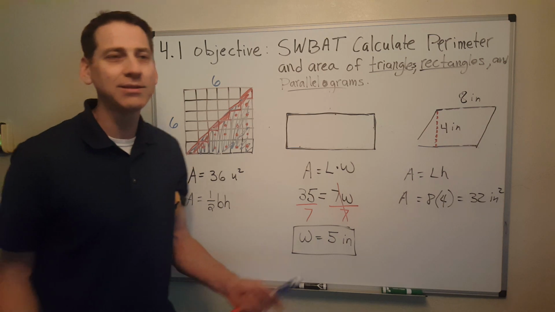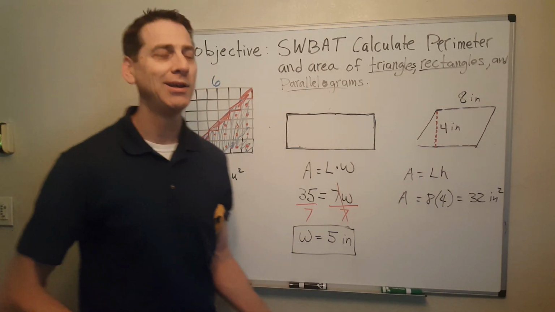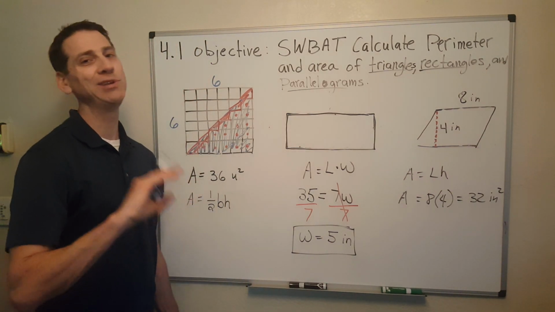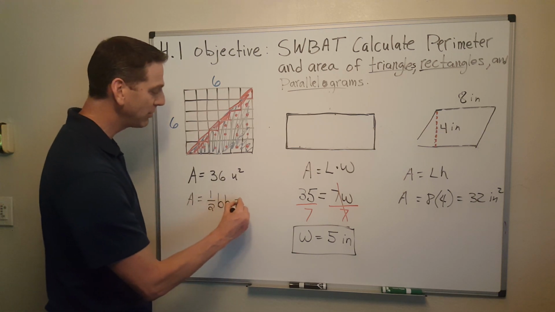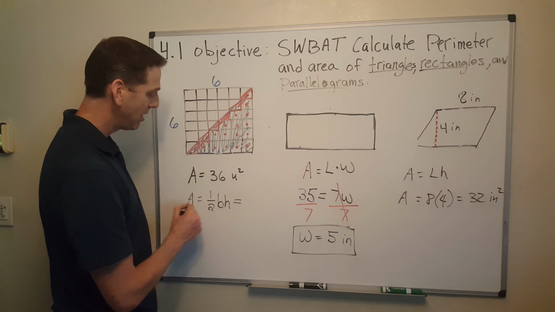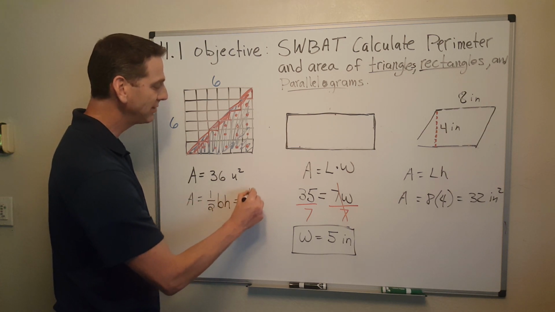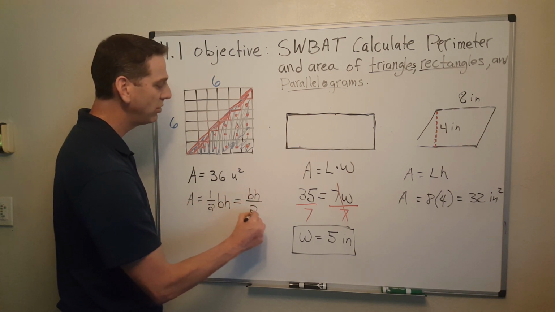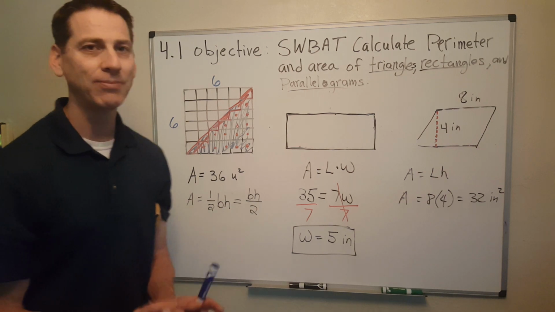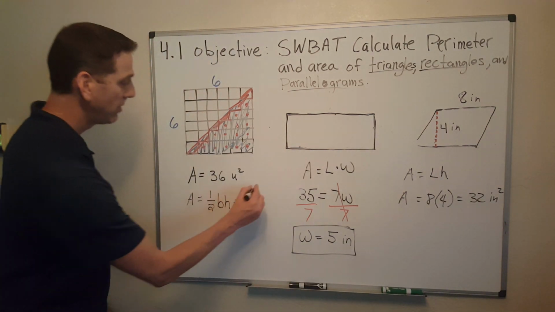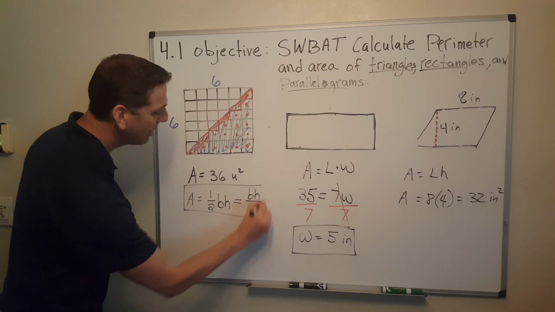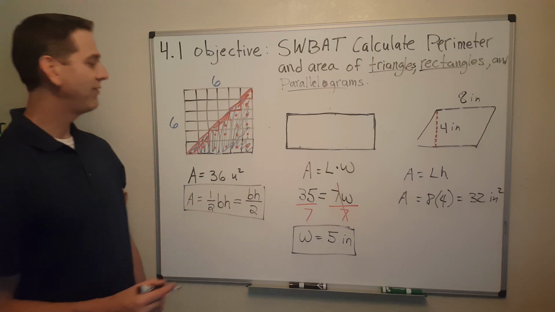You could say length times width, it doesn't really matter, but usually with triangles we use base and height. Another way of writing this: area equals base times height over 2. It's the same thing, right? Anytime you divide by 2, you're taking half of a number. So there's our area of a triangle.